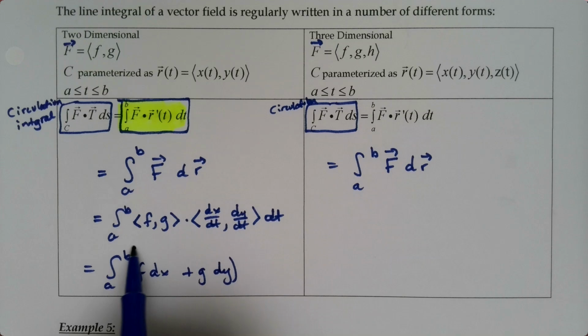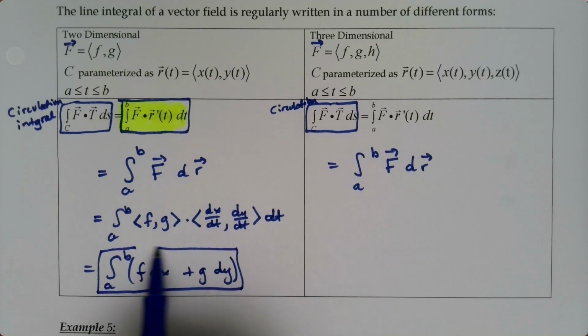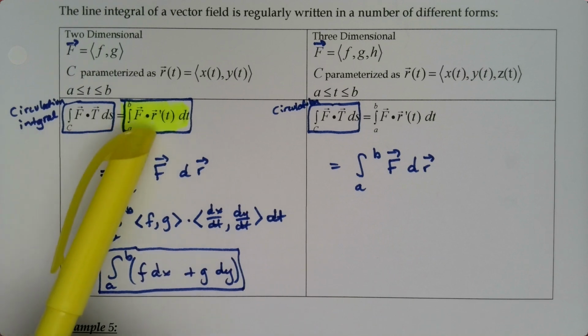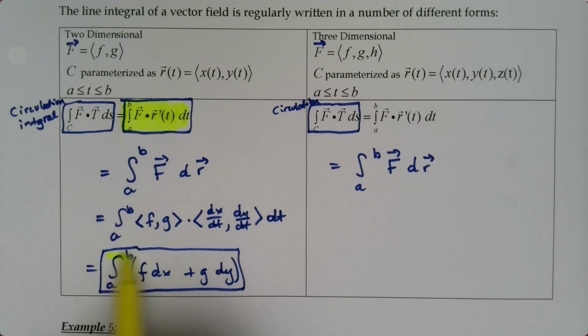Right, this is another one that we use a lot. We use the first one a lot just to note that it's circulation. We use this one right here a lot, and we use this one down here a lot.